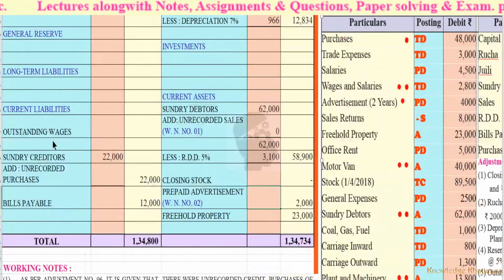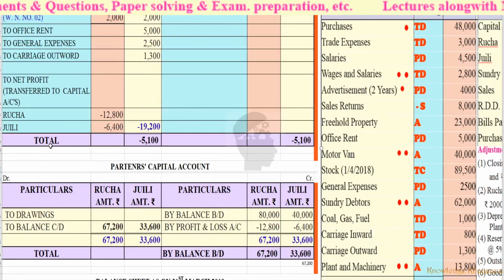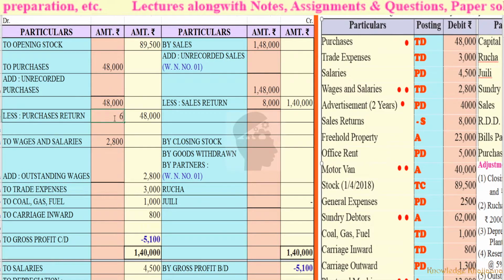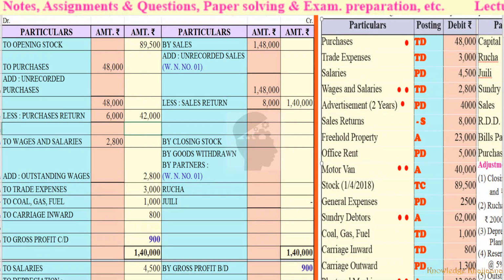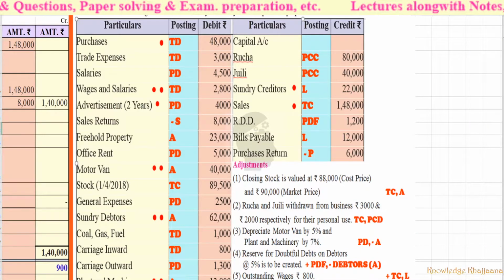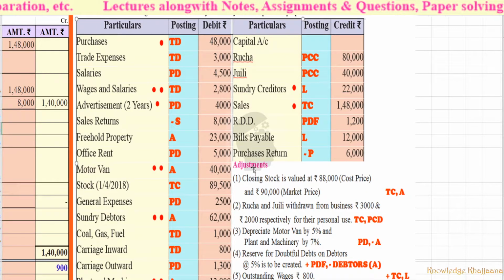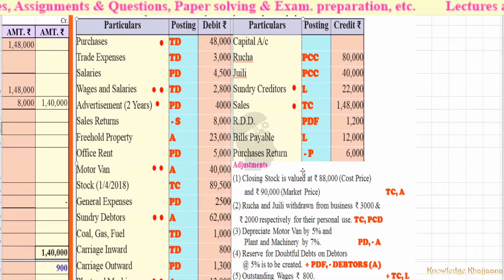Purchases return rupees 6,000. Okay, so whatever items are given in the trial balance, you have completed their posting. Now let's move to the adjustments given below the trial balance, that is the external adjustments.